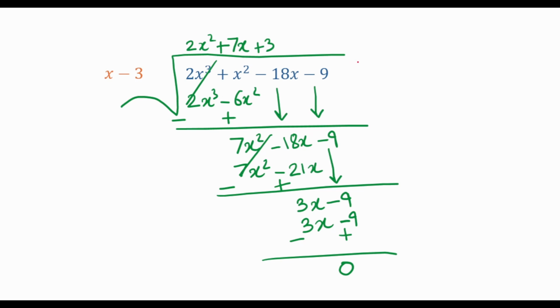So from this long division, we can conclude now that 2x cubed plus x squared minus 18x minus 9 can be written as a multiplication of two factors, x minus 3 being the first linear term, times this quadratic equation, 2x squared plus 7x plus 3.